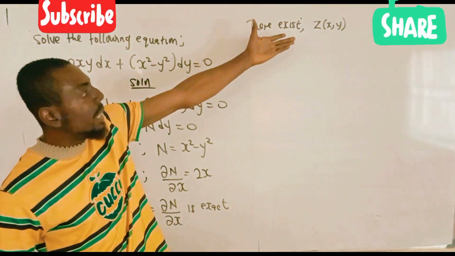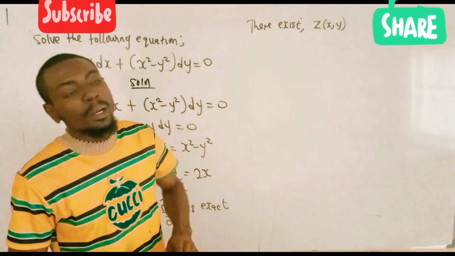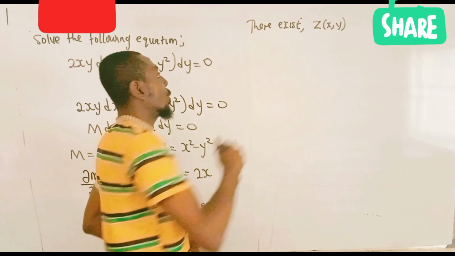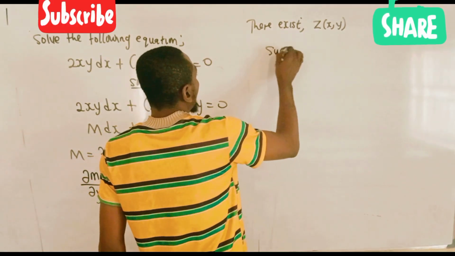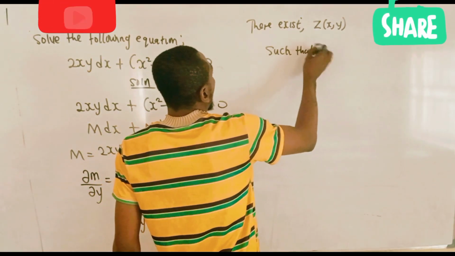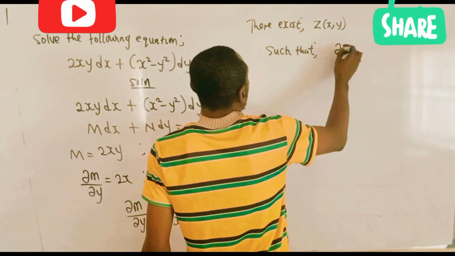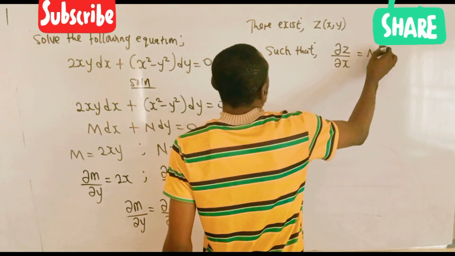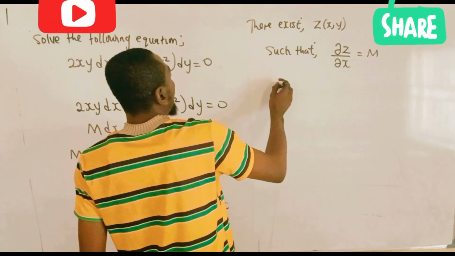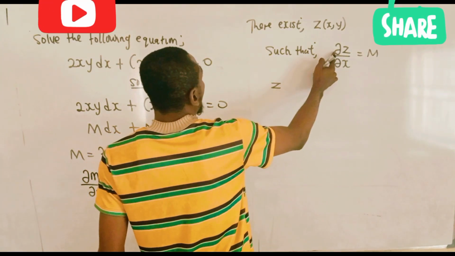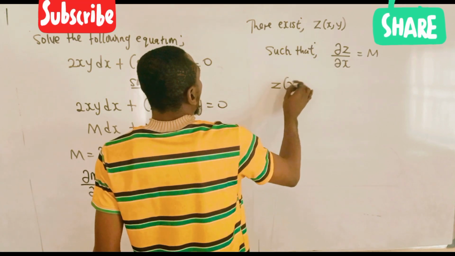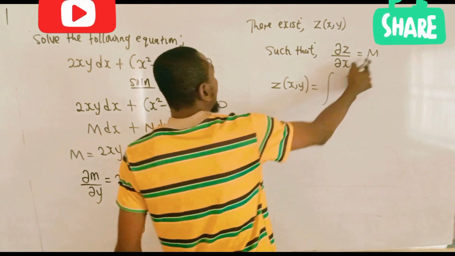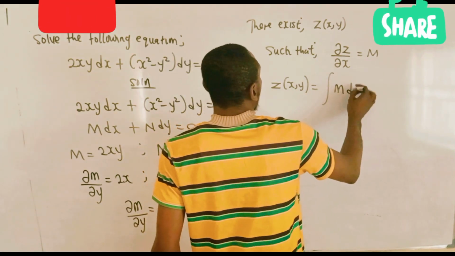Such that the partial derivative of z with respect to x is equal to M. Integrating both sides, z of x comma y equals the integral of M dx.